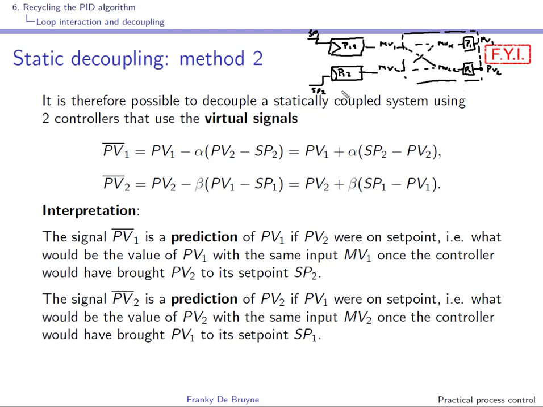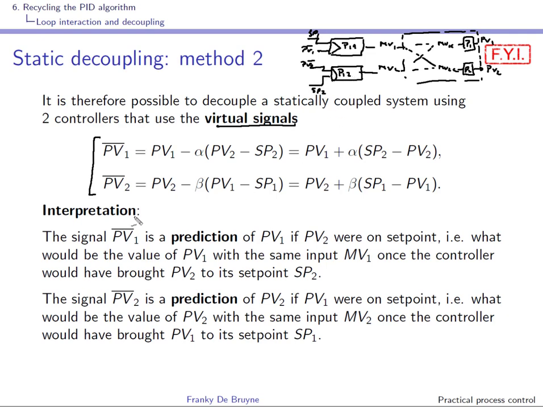Well, a second method to do this static decoupling, and this is shown in the previous slides, but these slides are for your information, is to use two virtual signals, PV1 bar and PV2 bar, and to do the control on PV1 bar and PV2 bar. As you can see, PV1 bar of course depends on PV1, but it also depends on the set point and the PV of the other controller, right?